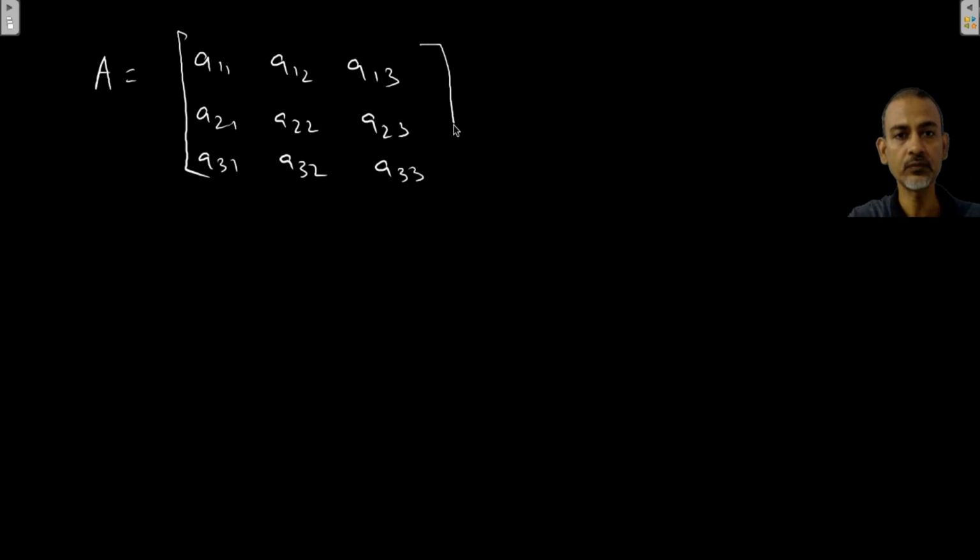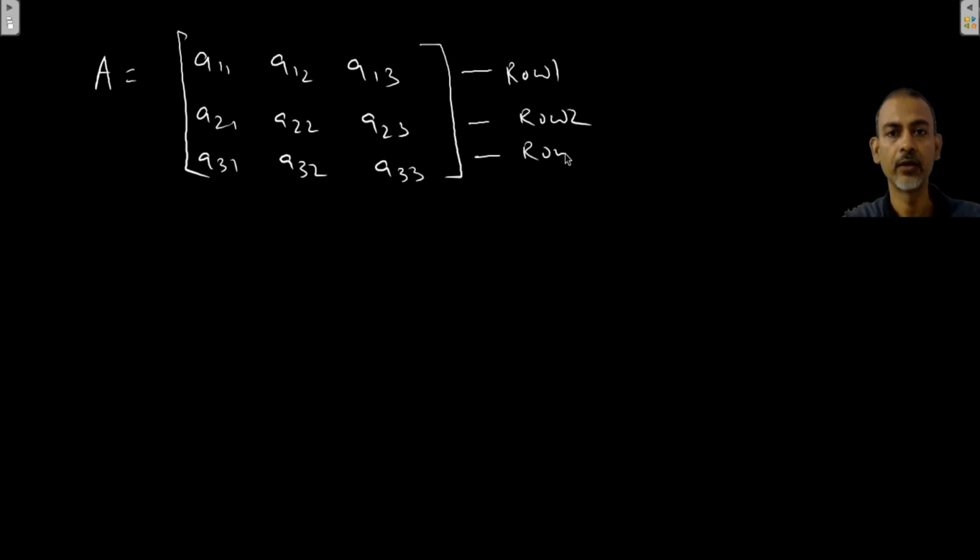Now let's also understand this in more detail. We will call these rows, just like our matrices: row 1, row 2, row 3, and we represent it using i. This is i equals 1, this is i equals 2, this is i equals 3.